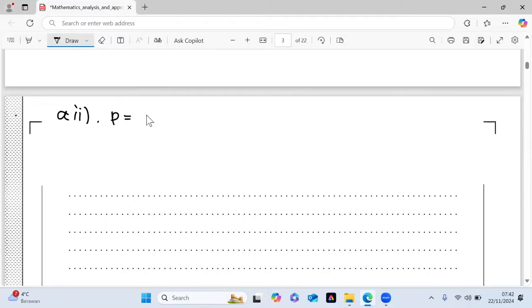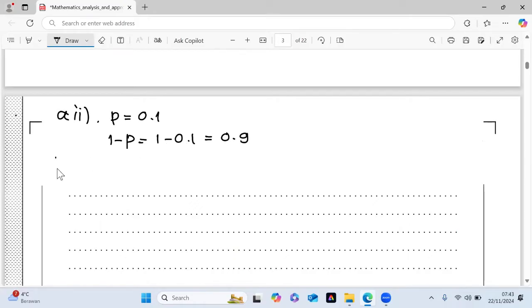If p equals 0.1, it means 1 minus p is if no boosted occurs. 1 minus 0.1 is 0.9.